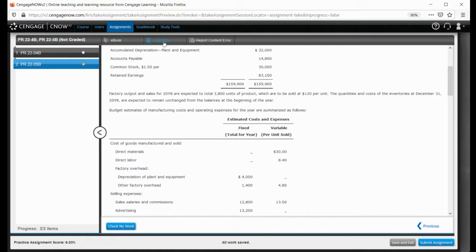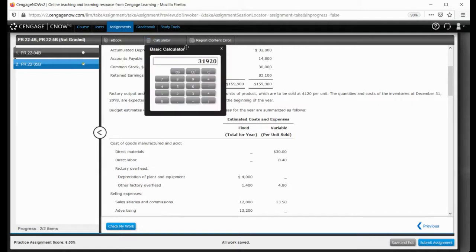So we're going to calculate our variable cost first. Not that you have to, but it's easier since there was one variable cost per unit for the other factory overhead.